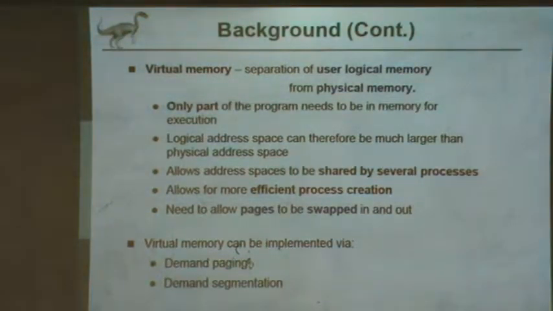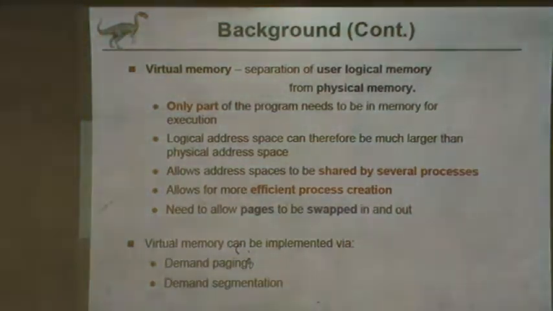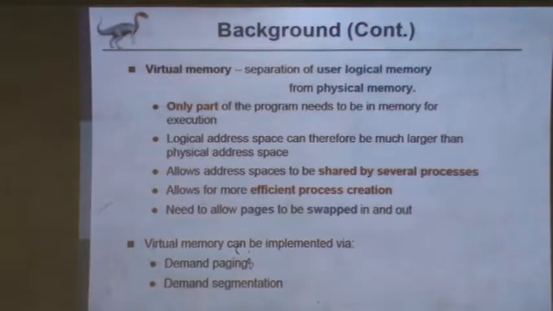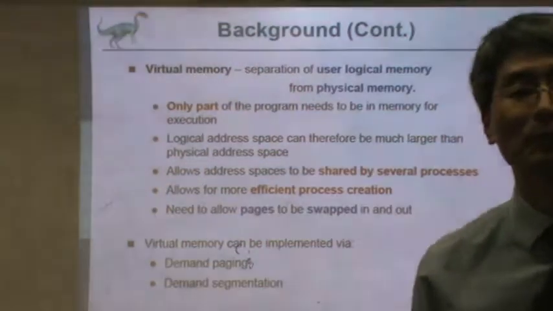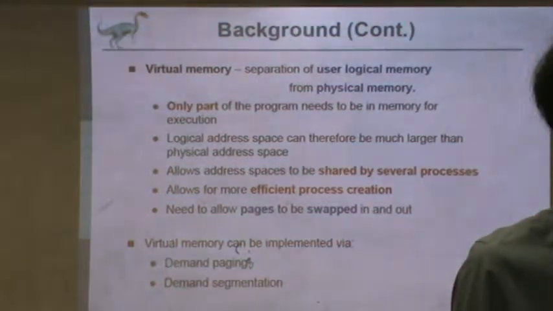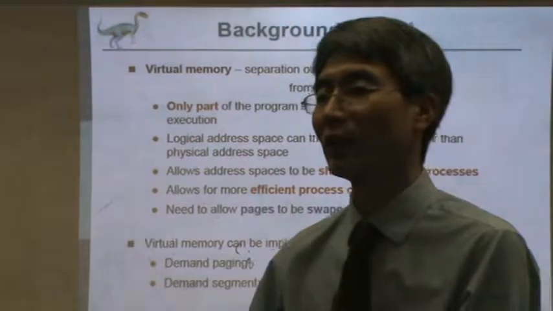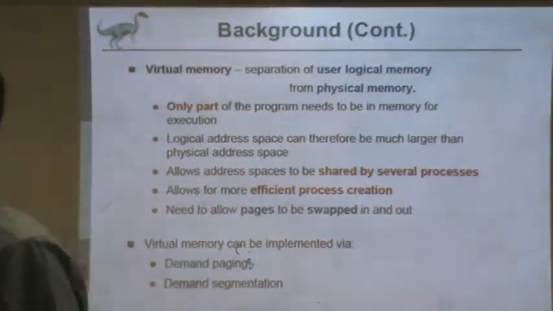Also, such a virtual space can be used for creating a process. How can you create a process in an operating system? Fork and exec. What does fork mean? Fork means copy.